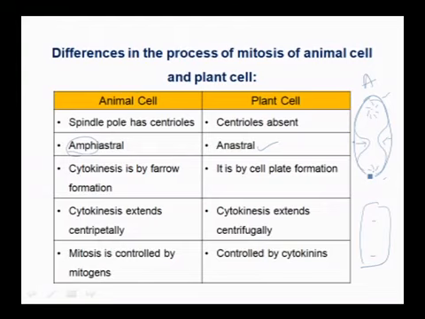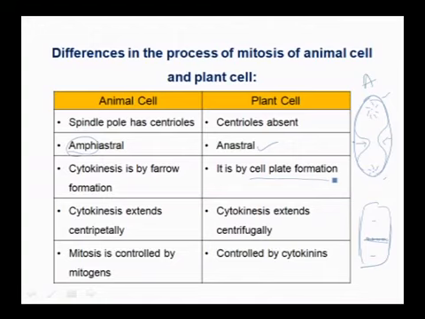When it comes to plant cell, because they have got an outer rigid wall, there is no furrow formation. Instead, they show the formation of phragmoplast at the center, which will be converted into cell plate later. So, cell division or cytokinesis is completed by the formation of cell plate.